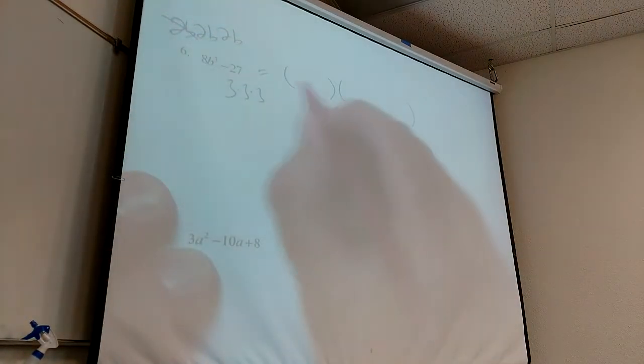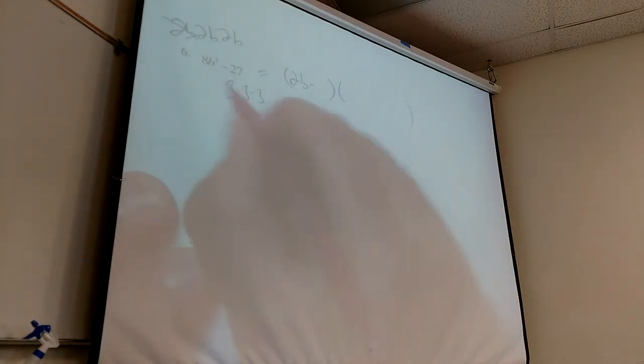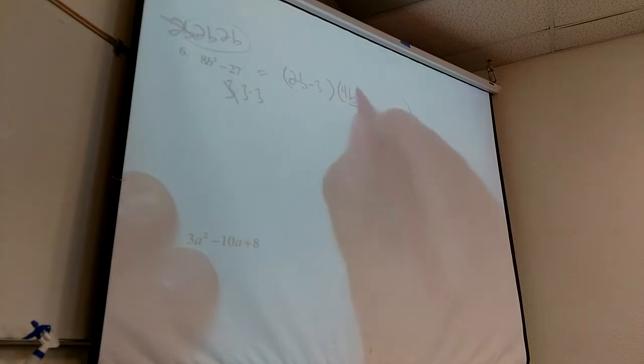So what goes here? Yeah, 2b minus 3. So what has to go here? 4b squared. What goes at the end? 9. And what sign is the middle term going to have? Positive. That's negative, so that's got to be positive.